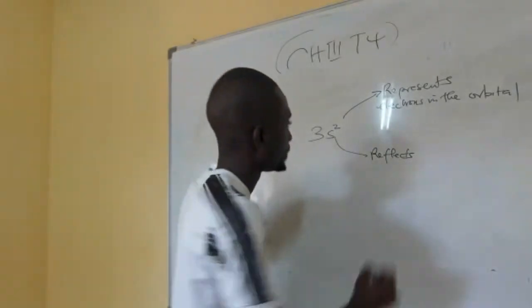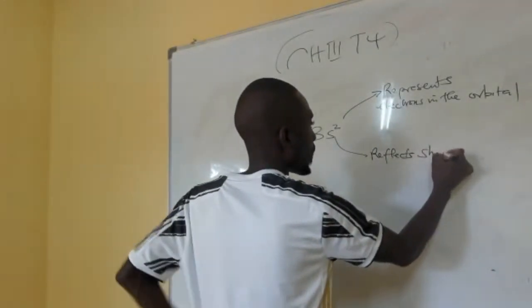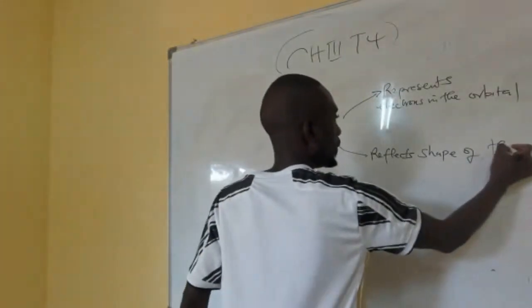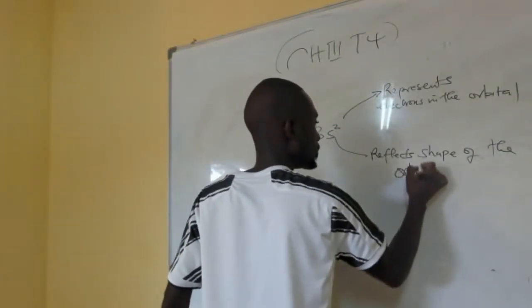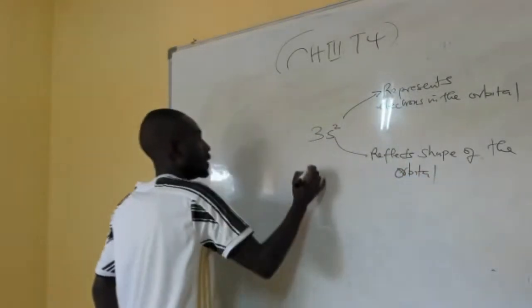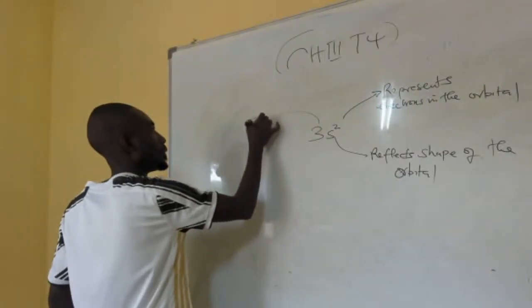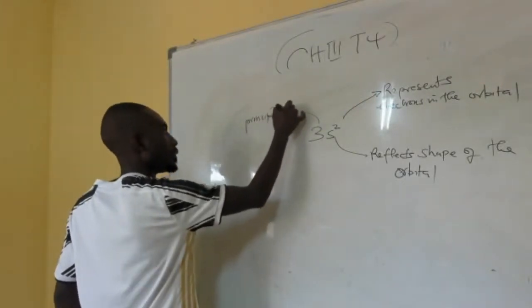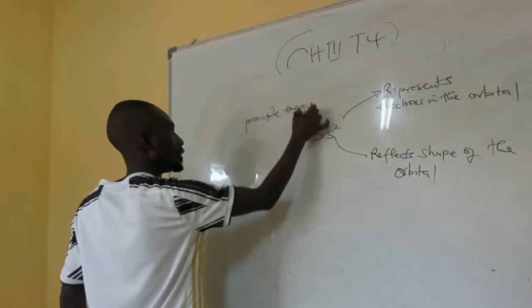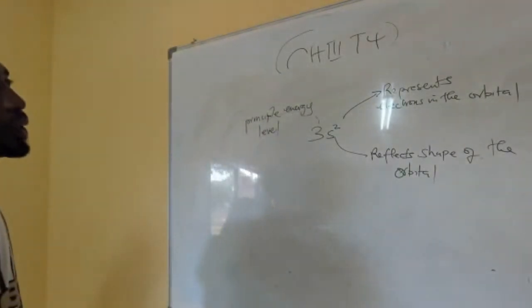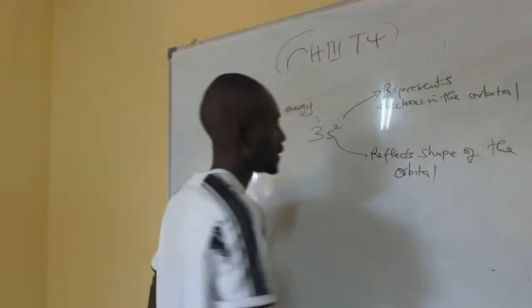This reflects the shape of the orbital. Then this one reflects the principal energy level.